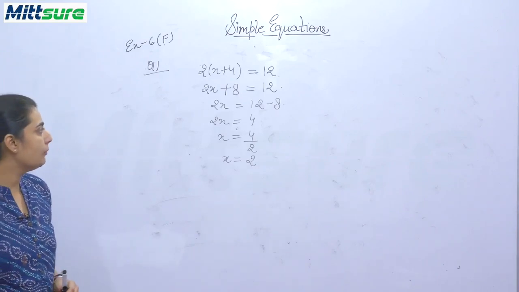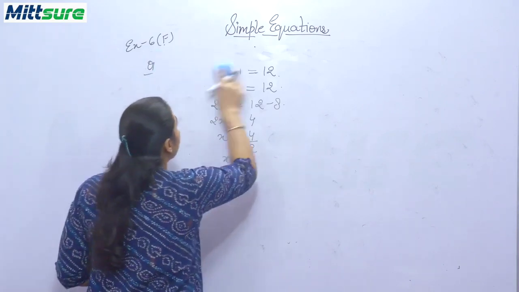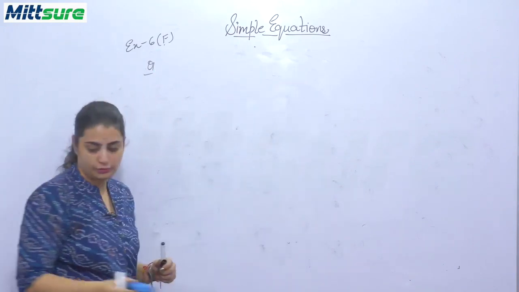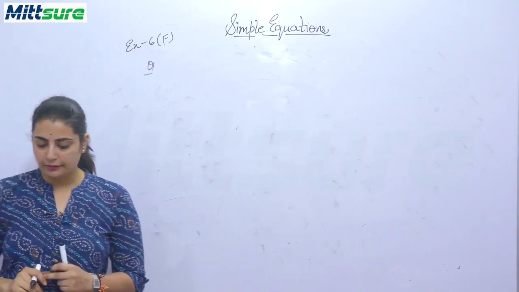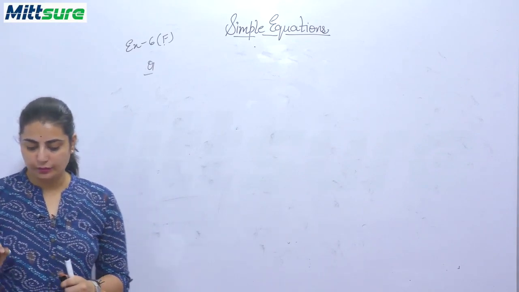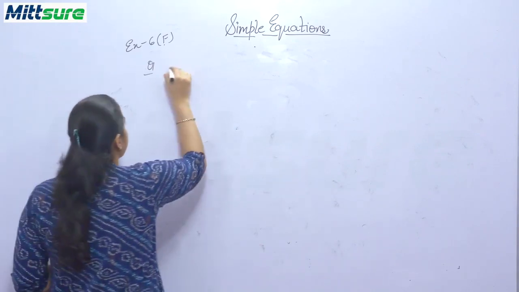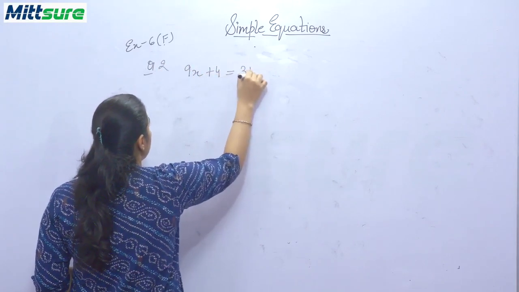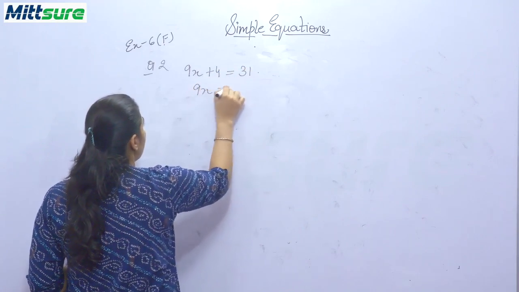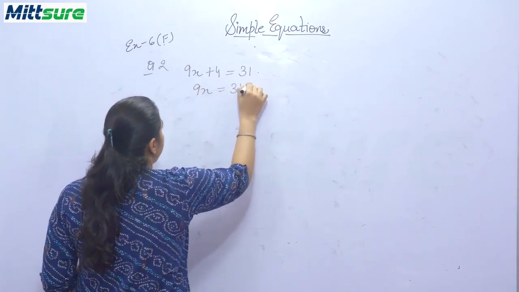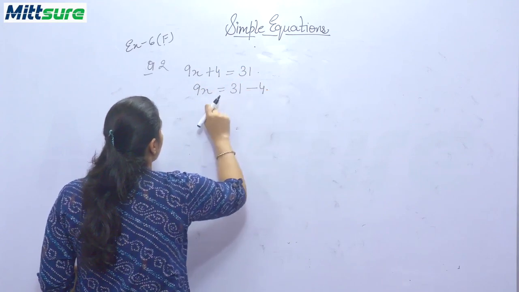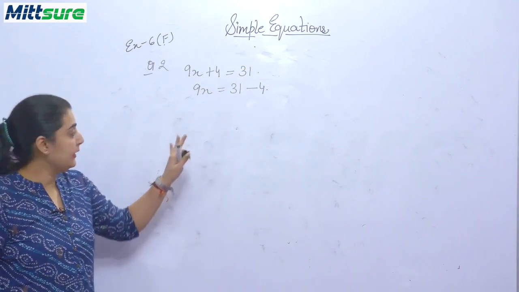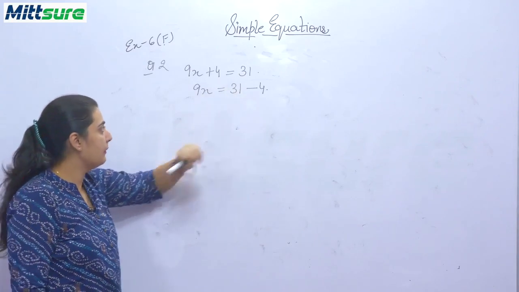Now let us talk about question number 2. Again, what are we supposed to do? In question number 2, we have the equation 9x plus 4 equals 31. So 9x equals 31 minus 4.